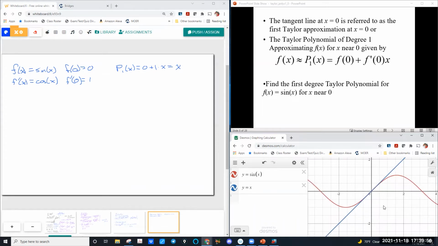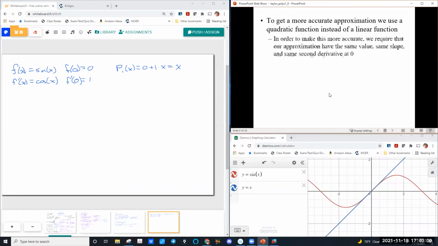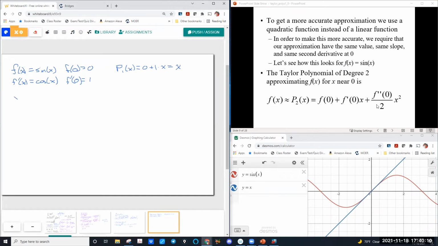So what we're going to do is match the second derivative at a, or in this case at 0. Now, the way we put this in is f double prime of 0 over 2.